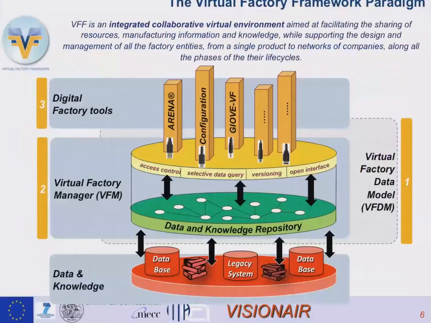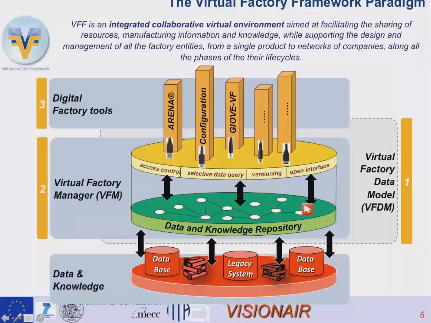So everything should work together, and we use the virtual factory framework to allow the connection of different tools sharing the same data knowledge and the same representation. So actually we have a data knowledge layer containing all the information, and we provide an organizational layer to these ontologies that allows you to look at the data with a specific representation of the knowledge, thus enriching the simple information contained in the data through a knowledge representation structure.